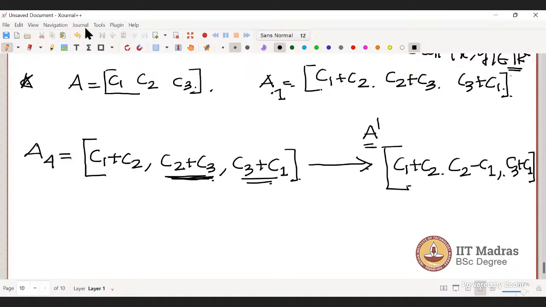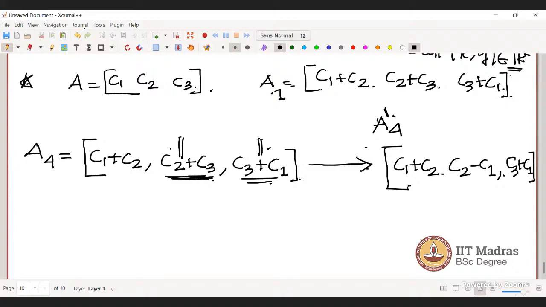Correct? So what are we doing in column 3? I'm subtracting column 2 of this matrix from column 3 of this matrix. So this is a new matrix, say A4 dash. Do you agree that determinant of A4 dash is the same as determinant of A4? Yes, sir. That is one of the properties, right?